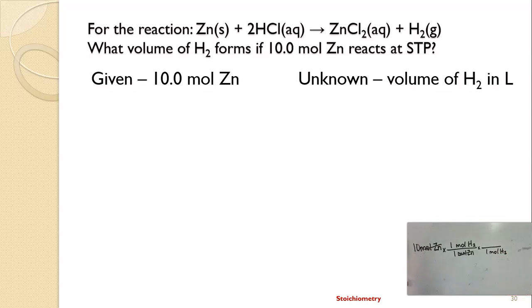In 1 mole of hydrogen gas, there's 22.4 liters of gas. Okay, we'll put H2 there. Moles cancel, and I've converted into liters. So do that math. 10 times 22.4 divided by 1 is going to give me 224 liters of hydrogen gas. There we go.